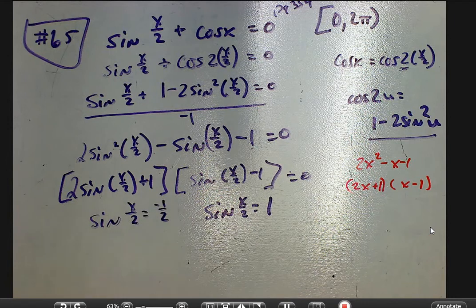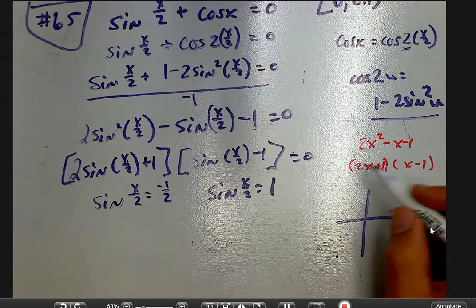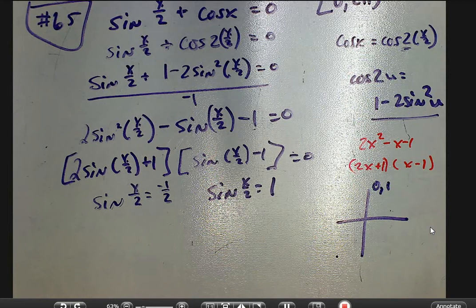And I have that. Now I have to go through and find the solutions. So where is the sine of x equal to 1? Well, based upon the previous information, sine is y. That's 0, 1 there, so the answer is pi.